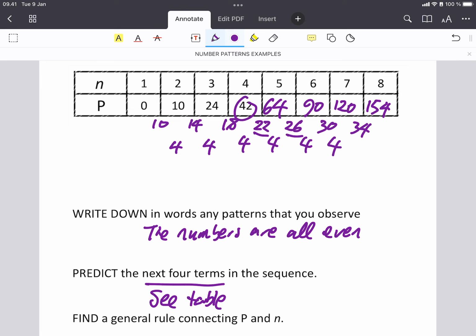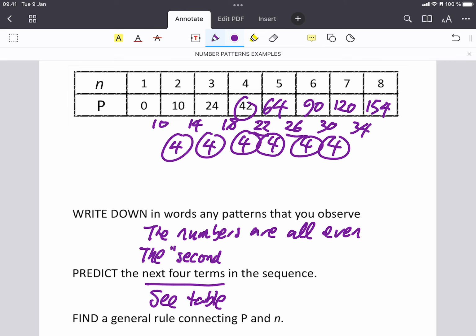Find a general rule connecting p and n. So I've observed that the second difference is, oh, by the way, I could write down any patterns that you observe. The second differences are always all 4.